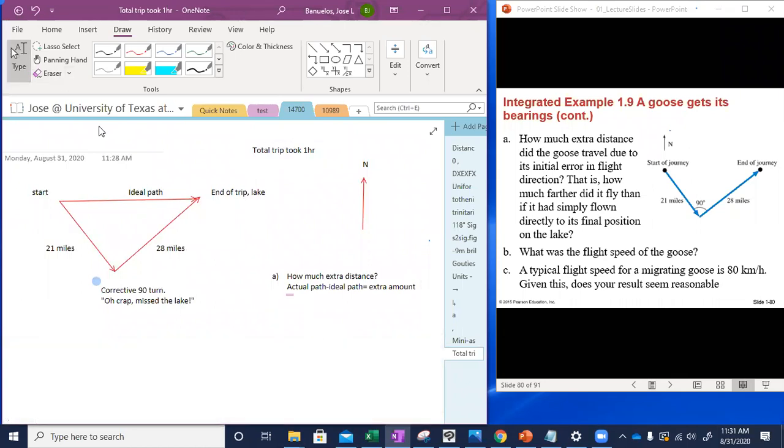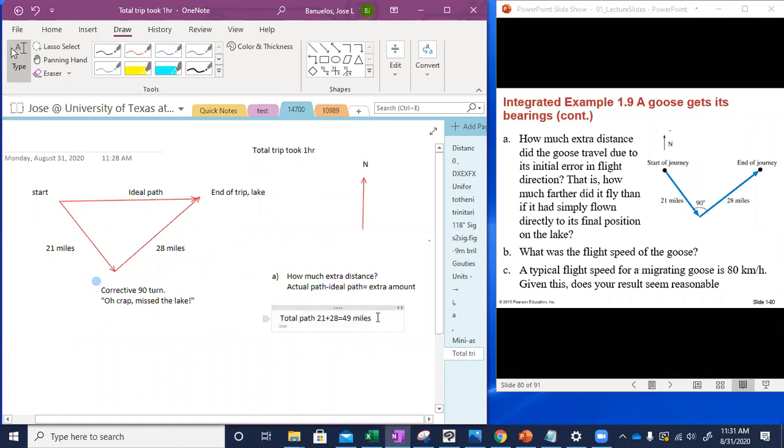The first part is, what is the total path? Well, we got 21 miles plus 28 miles. So the total path is 21 plus 28, and what does that give us? 49 miles, okay? So that's one part that we need.